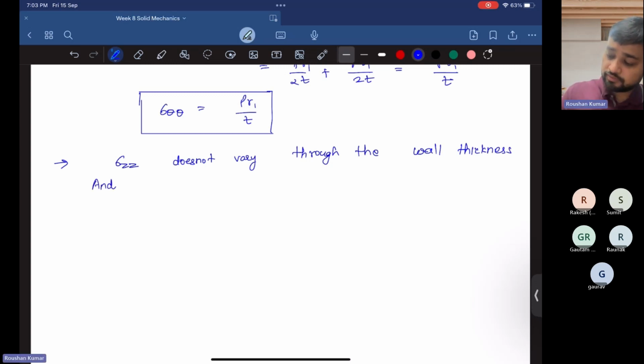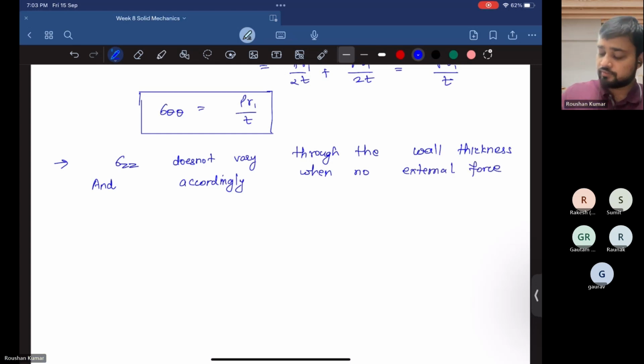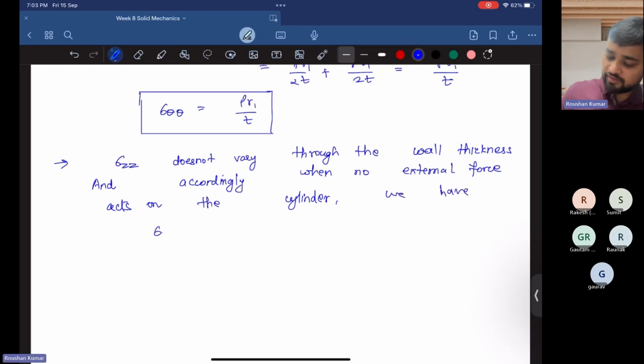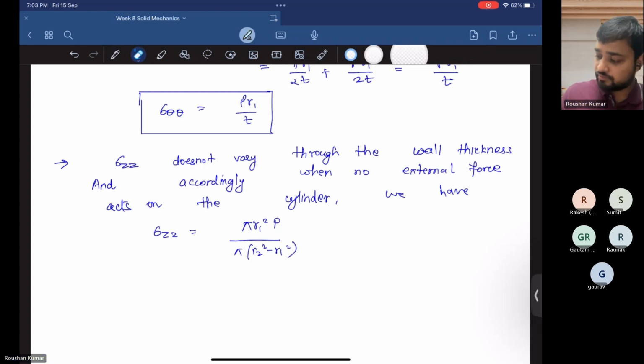And accordingly, when no external force acts on the cylinder, because here there is no external force acting on the cylinder, we have sigma ZZ given by pi R1 square P upon pi R2 square minus R1 square, which finally results in P R1 upon 2T for a thin cylinder.